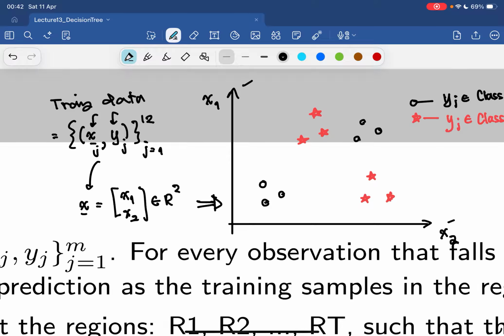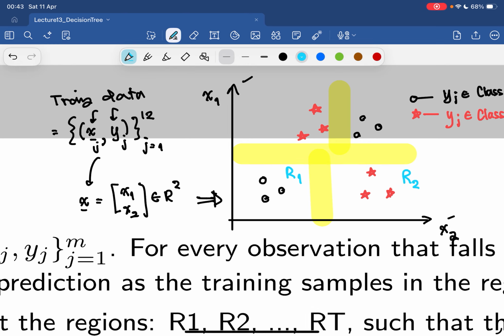where the axis for X1 is above and X2 is down here. The way the decision tree works is that it will try to find regions that divide these data. For example, the regions could go this way, like that, and that. Then you have four regions: R1, R2, R3, and R4.